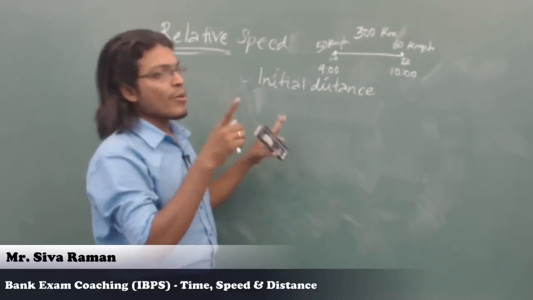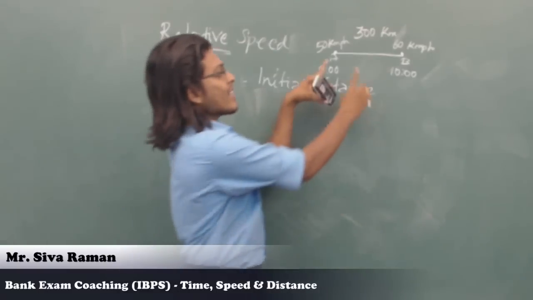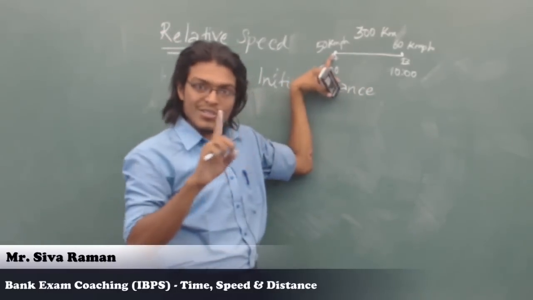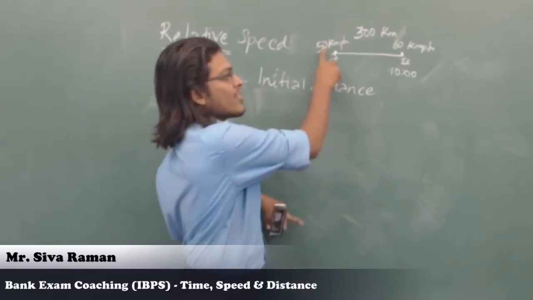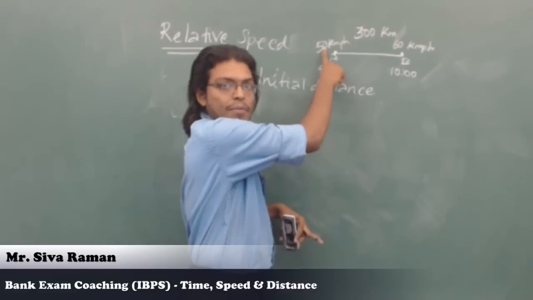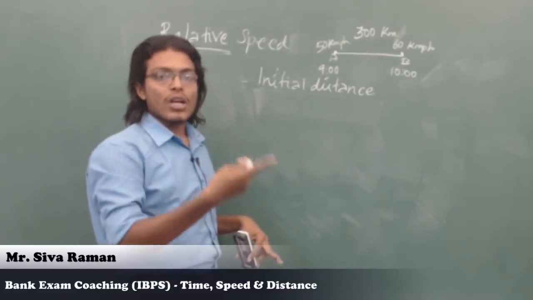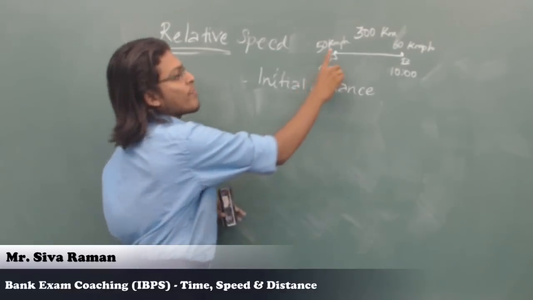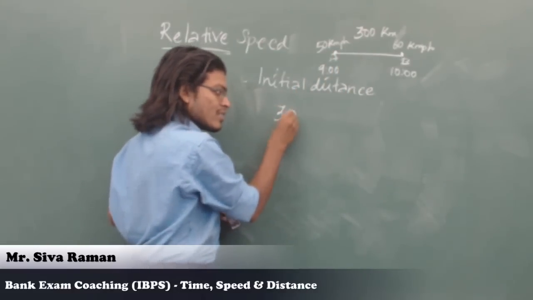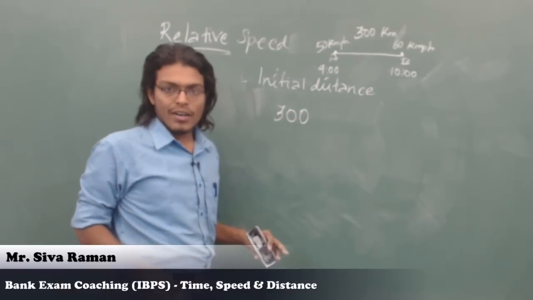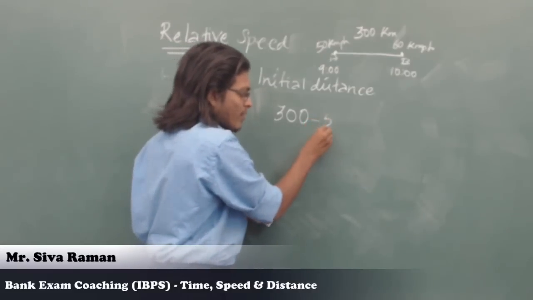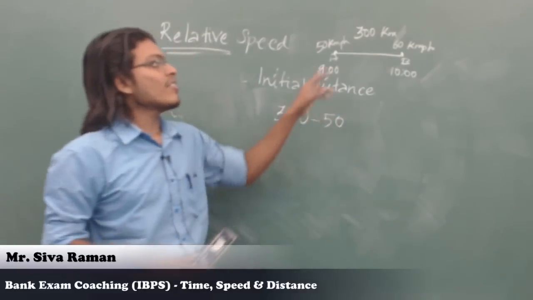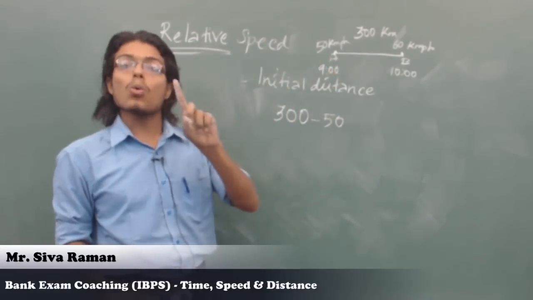Right? So we have to subtract the distance that is covered by this bus in 1 hour. The bus speed is 50 kmph, so in 1 hour it would have covered 50 km. So the total distance is 300 minus 50, we have to subtract the distance covered by the first bus in 1 hour.